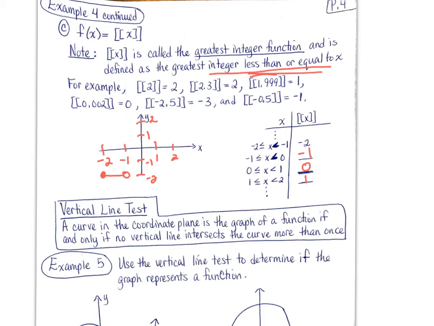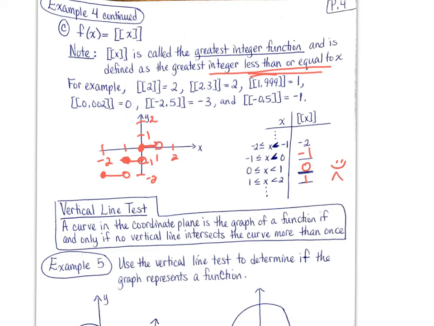Then whenever x is between negative 1 and 0, we get y is negative 1. So that means we have a closed circle here, open circle here, and then for this part, x is between 0 and 1, closed circle at 0, everything in between, open circle at 1.